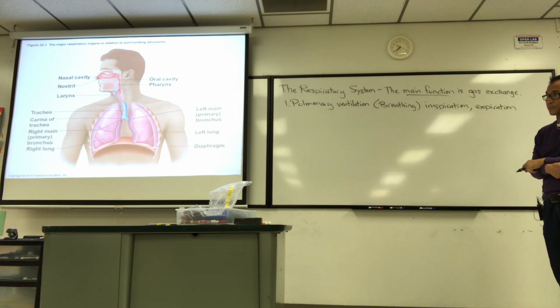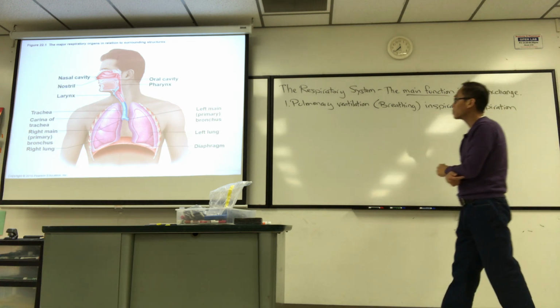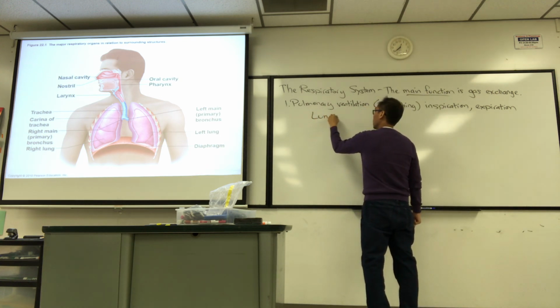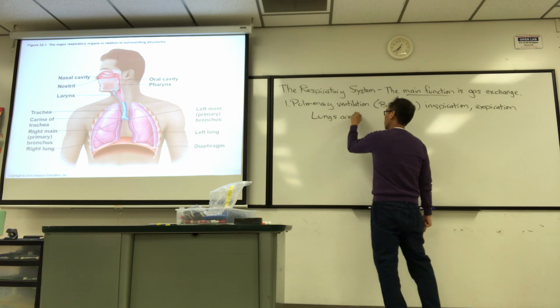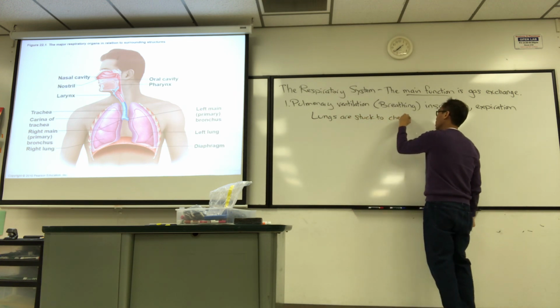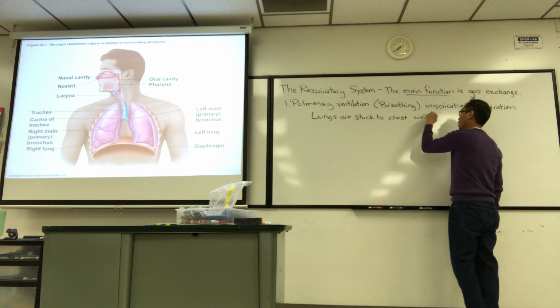And that's important because actually the lung wall is stuck to the chest wall. And then you look at the bottom, it's attached to the diaphragm. The lungs are stuck to chest wall and diaphragm.